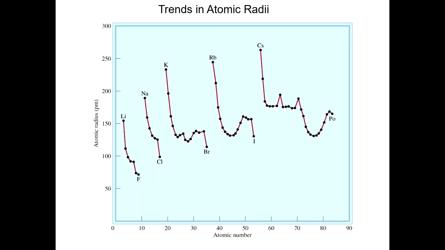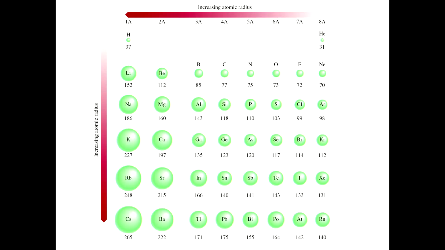We often use this figure to show the trends in atomic radii. So this is one group. We know this is 1A group, right? This is 1A group, 2A group, okay?